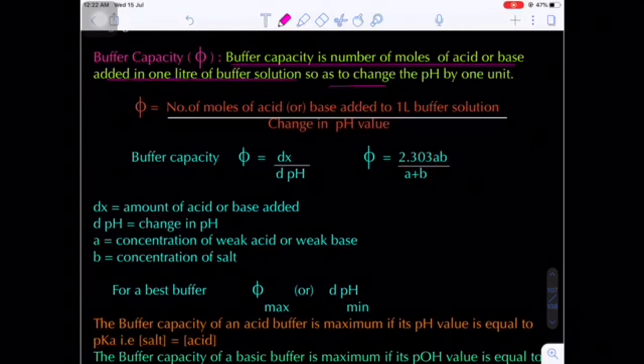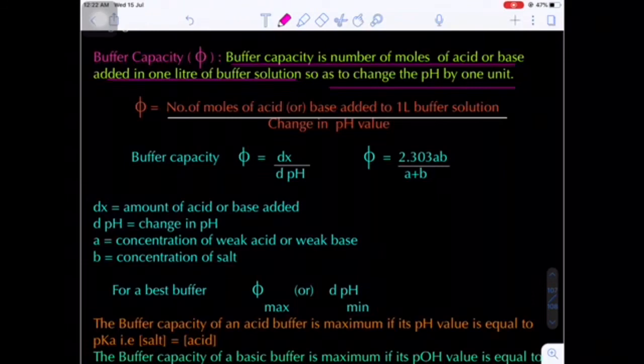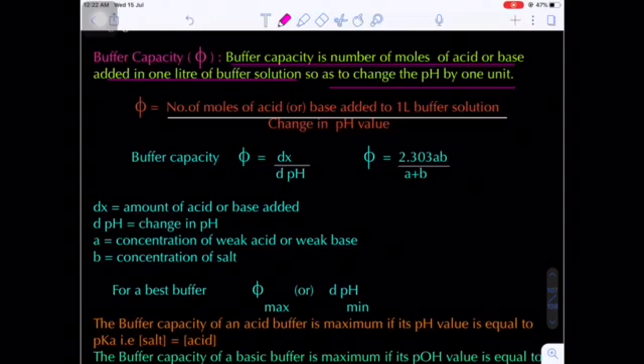The buffer capacity is the number of moles of acid or base added to 1 liter of buffer solution in order to change its pH value by 1 unit.